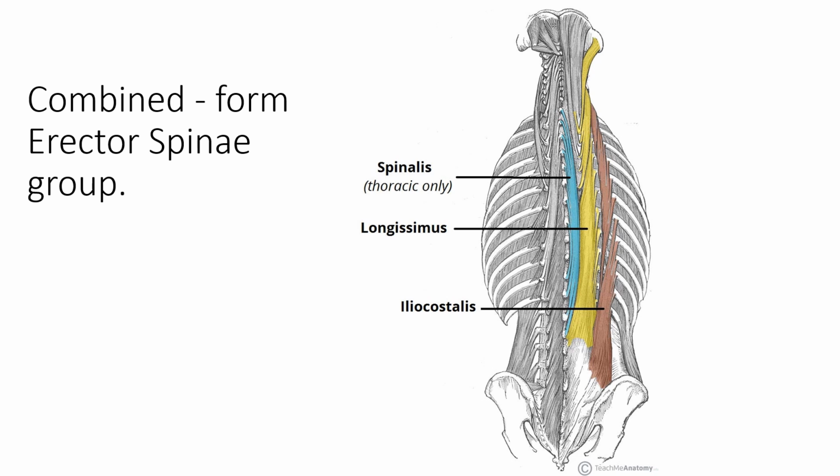And then we have one here that's named after the bones that it's attached to, the iliocostalis. It's hooked up to the iliac crest of the pelvis and to the individual ribs. You can see the insertions along the ribs. That's why it's called the iliocostalis.